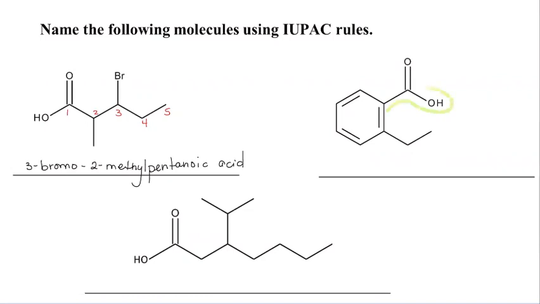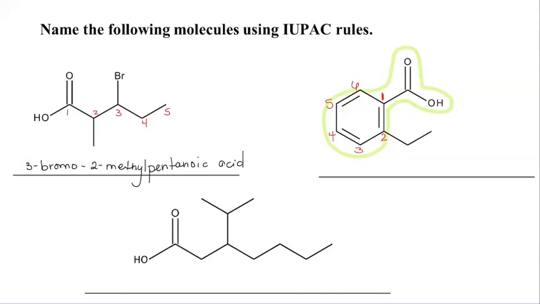Second one. Here, we have a benzoic acid. So that means that carbon number 1 is where we have our carboxyl group. In this aromatic structure, we have to number this clockwise, 2, 3, 4, 5, 6, to give that second substituent the lowest number.